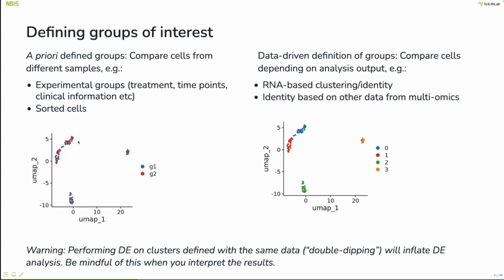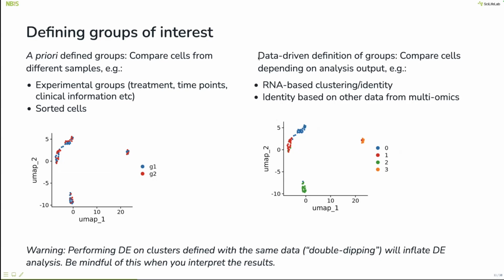So you might have a UMAP that looks something like this, where you have your clusters and your groups are mixed in there. The other option, which we will do as the first step in the lab, is to do your differential expression between your groups that you've defined using the data.